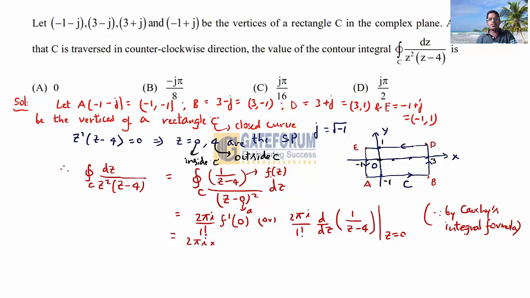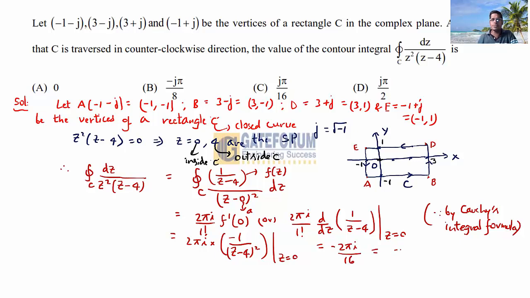Here f dash 0 means this is f of z, after that derivative and then z is equal to 0. So the derivative of 1 by z minus 4 is minus 1 by z minus 4 square, and then put z is equal to 0. This vertical line indicates substituting that point z equal to 0. So 2 pi i with minus 4 whole square means 16.